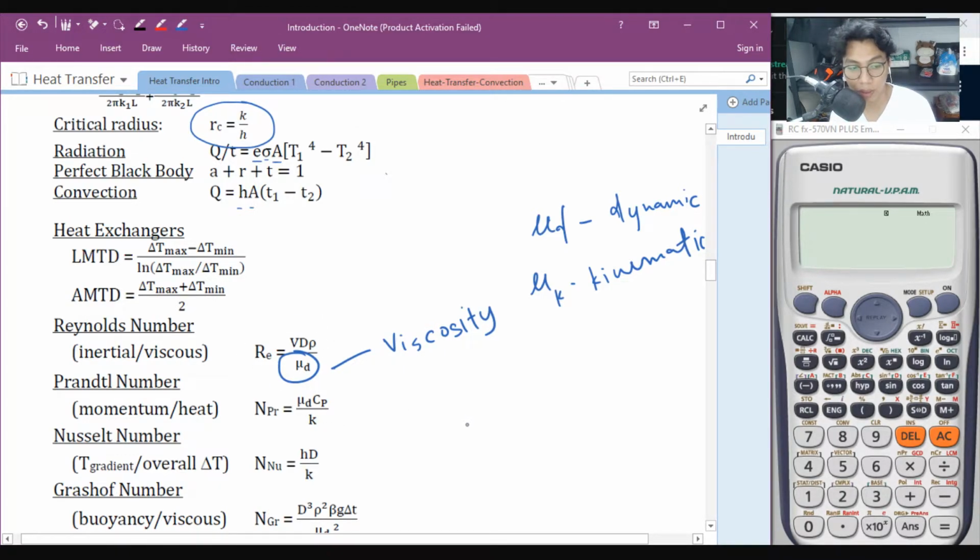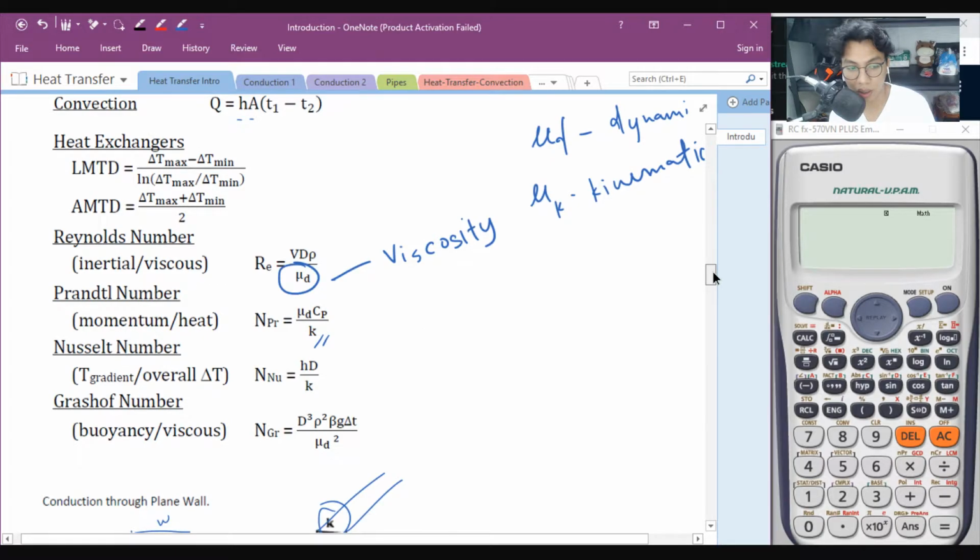The Prandtl number, if the Reynolds number is inertial and gamit mo is a viscous fluid, a Prandtl number is the momentum na meron ka dyan divided by the heat. Okay? Constant itong k. Yung Cp din, specific heat ng material mo. The Nusselt number, yung temperature gradient divided by the overall change in temperature, hd.